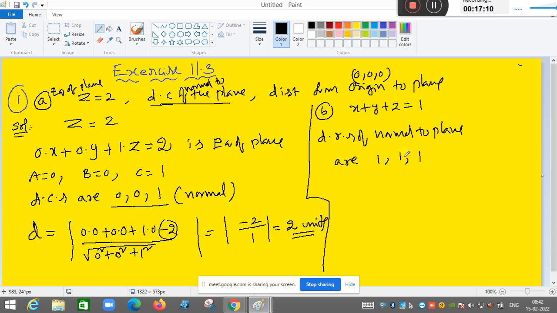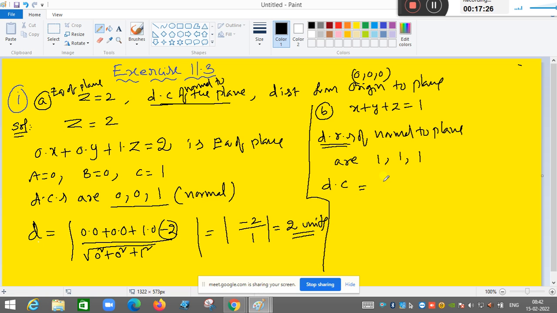Because 1 square plus 1 square plus 1 square is not equal to 1. So we have to find the direction cosines.